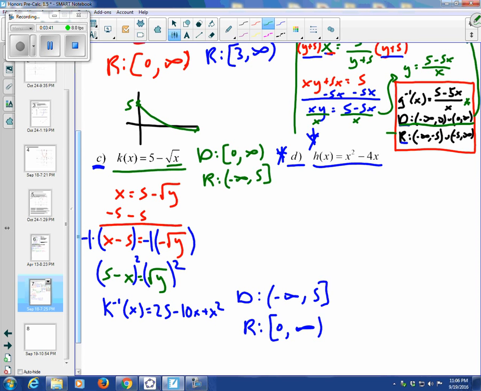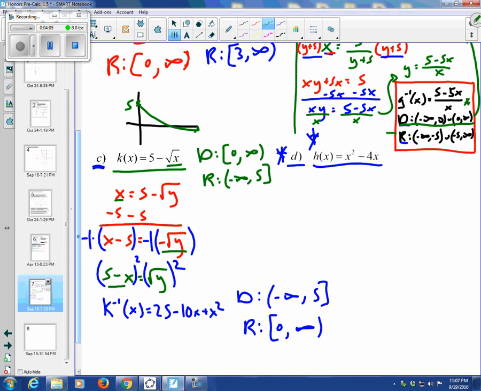Right here, when we want to go ahead and find the inverse, again, I changed my k of x to y and switched x and y, so I've got x equals 5 minus the square root of y. And when I'm isolating y, the first thing I'm going to do is subtract 5 from both sides. Then I've got a negative square root of y, so I multiply negative 1 on both sides, and that's going to give me 5 minus x equals the square root of y.